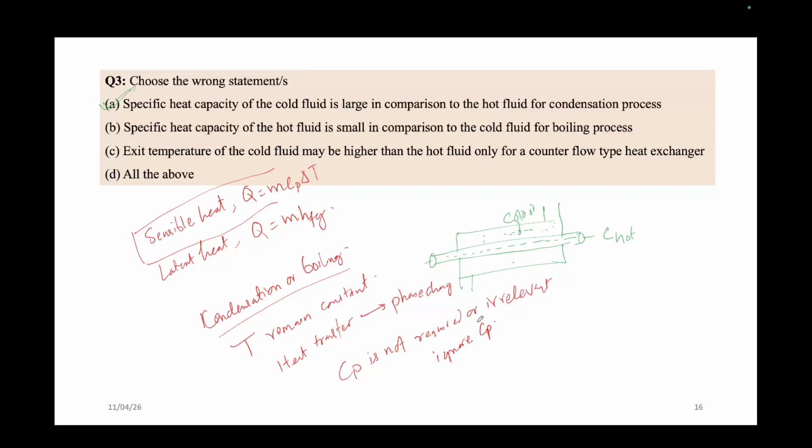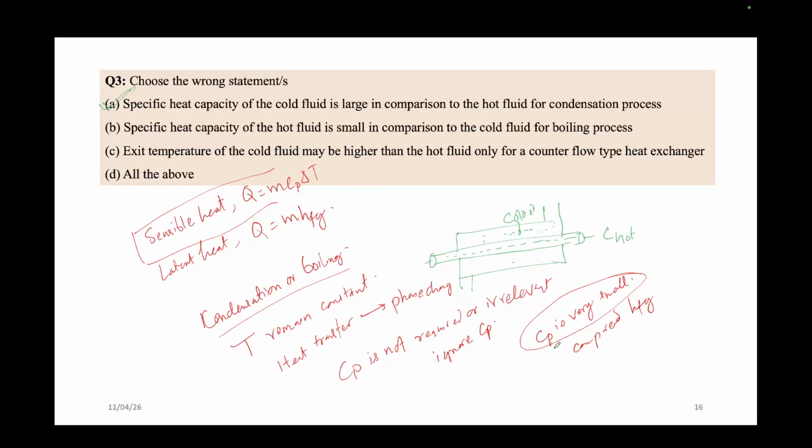Ch will also not be that much required, but the question is that Cp is not required, right? That means Cp is very small. Yes or no? So Cp not required means Cp is very small compared to hfg.